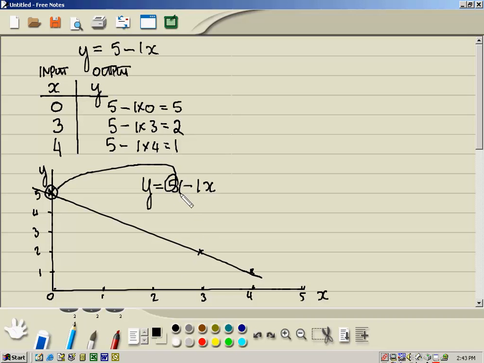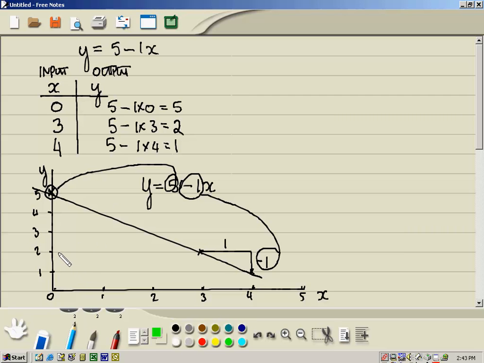Alright, and the slope of minus 1, well, we go along the x-axis 1 unit, and then we will go up the y-axis by minus 1 units. Alright, so the slope is the amount we go up the y-axis when we go along the x-axis by 1 unit.